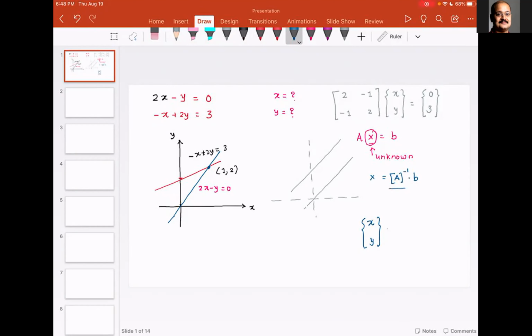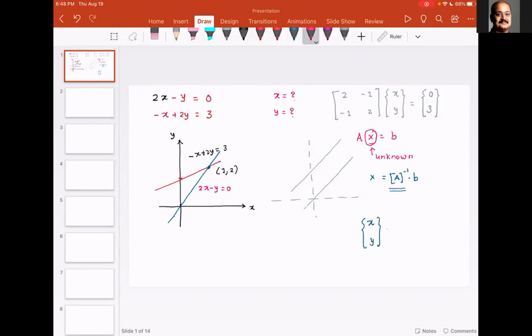This inverse is similar to a reciprocal operation in the case of scalars, but this inverse may not be possible for all cases. And there are certain cases when the inverse is not possible.